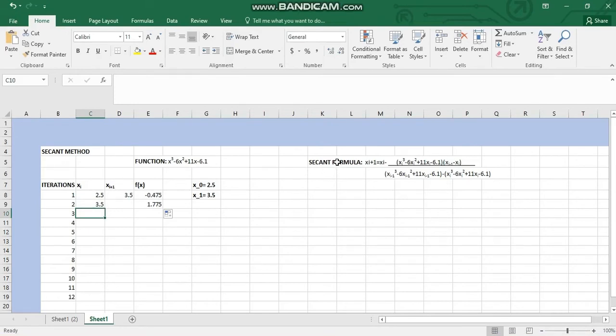Then in getting the next x initial value, we will use the secant formula. It is equal to x initial minus x initial function times x initial minus 1 minus x initial over the x initial function minus 1 minus the function of x initial.